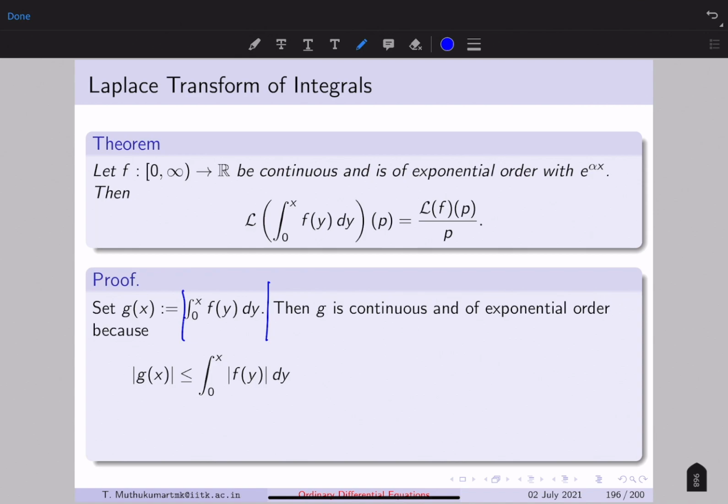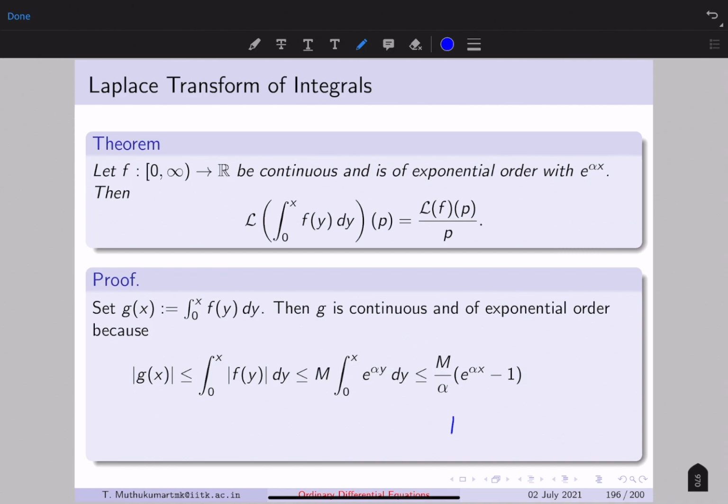But f is of exponential order alpha, so this mod f is less than or equal to m e power alpha y. Now if you integrate this, you get m over alpha times e power alpha x minus 1.